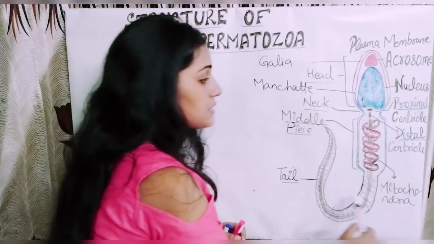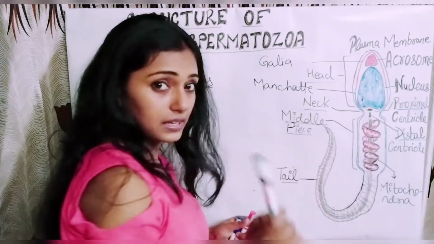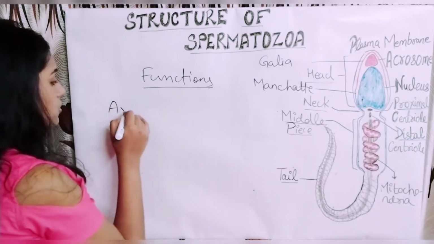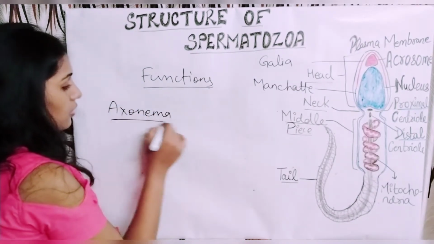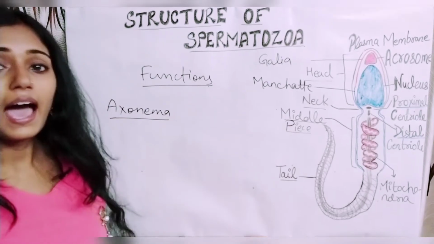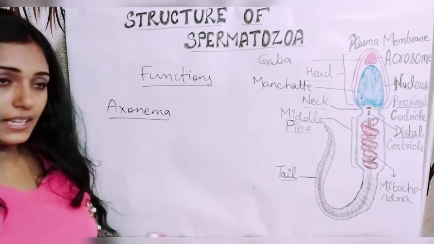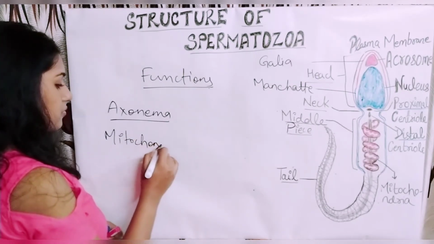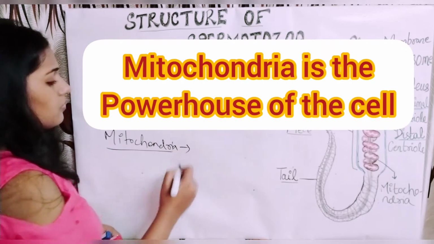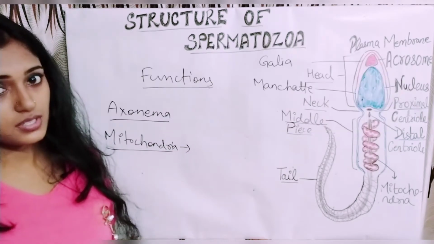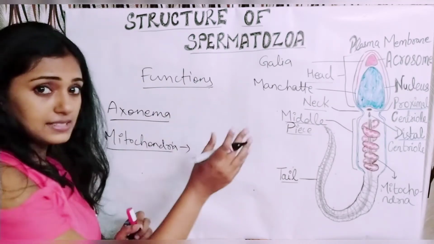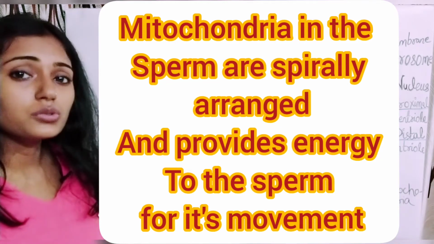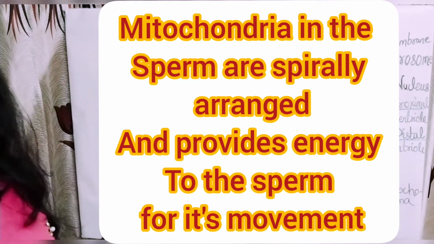Now coming to the middle piece, it has the axial filament or the axoneme and the spirally arranged mitochondria. The axoneme forms the cytoskeleton of the middle piece and the tail, and the mitochondria, we know, are the powerhouse of the cell. So the spirally arranged mitochondria provide energy to the spermatozoa for its movement.